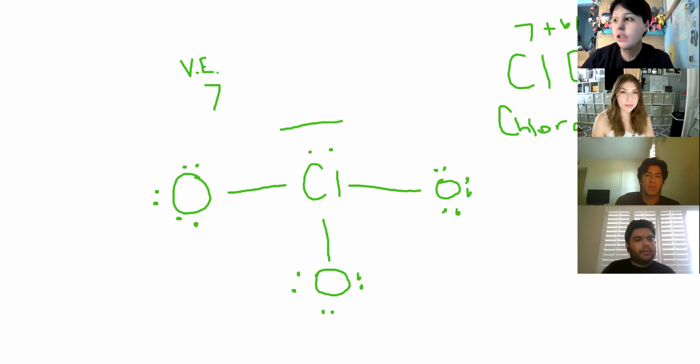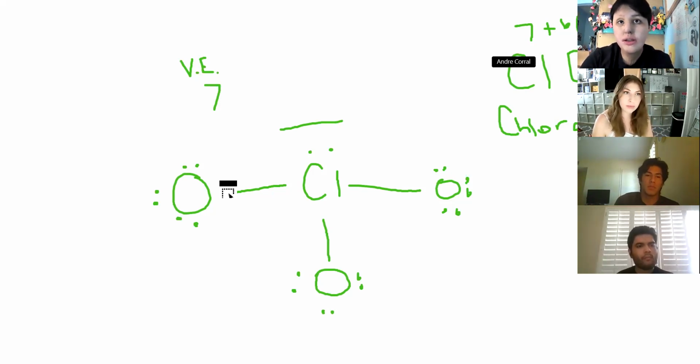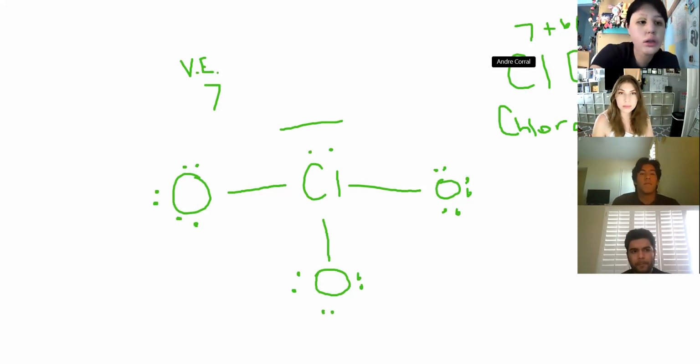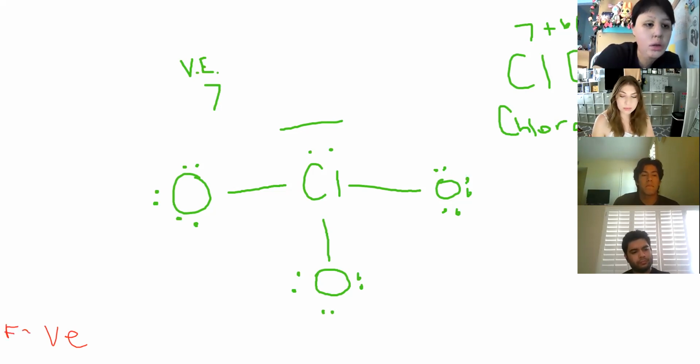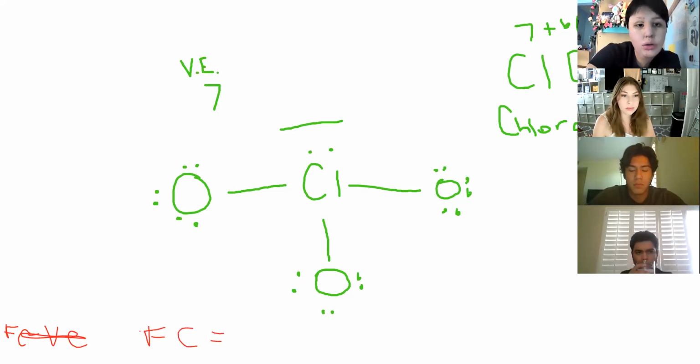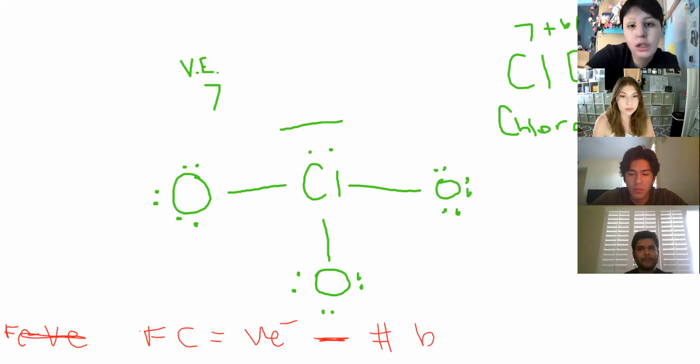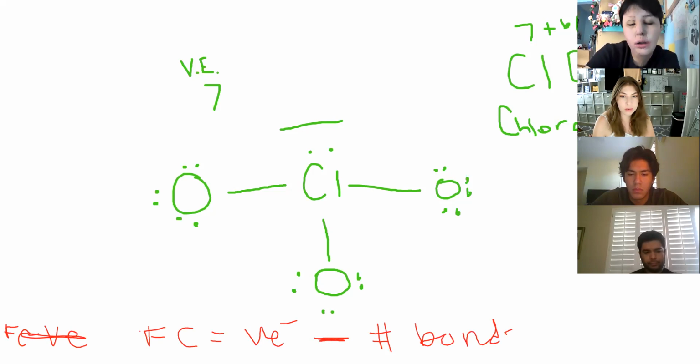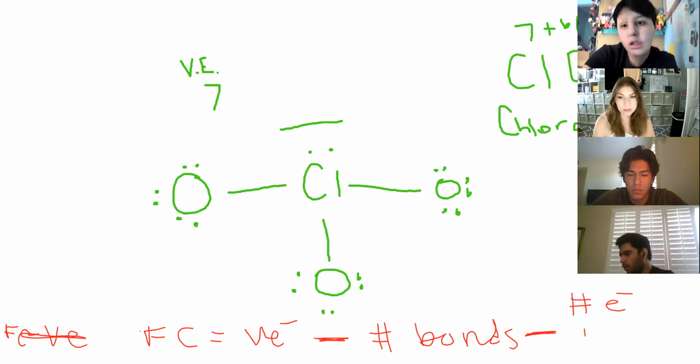The way that I like to remember it and the way that I've shown my students, of course you don't have to do it, is to calculate the formal charge as the valence electrons, minus the number of bonds around the atom that you're calculating the formal charge for, minus the number of electrons in lone pairs.